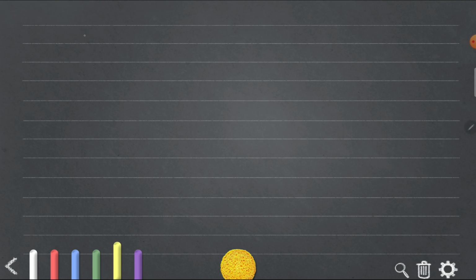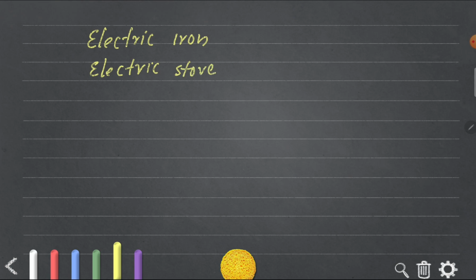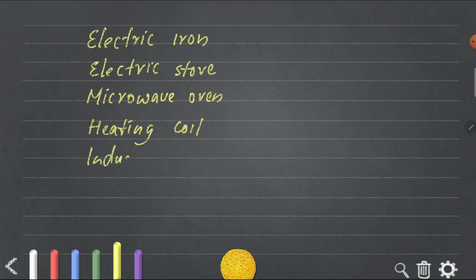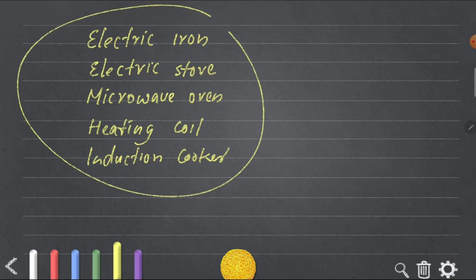So we know that an iron box, that is electric iron, then electric stove, then microwave oven, just as we wrote now in that table, microwave oven, heating coil, and induction cooker are some examples of devices which use electrical energy and convert it into heat energy.